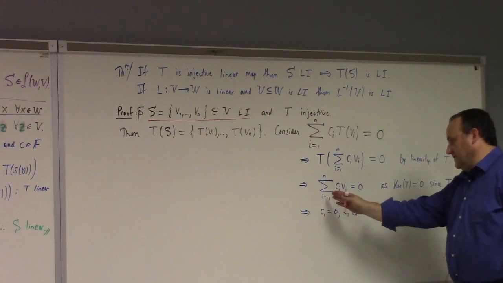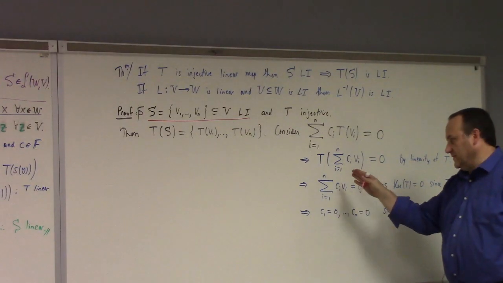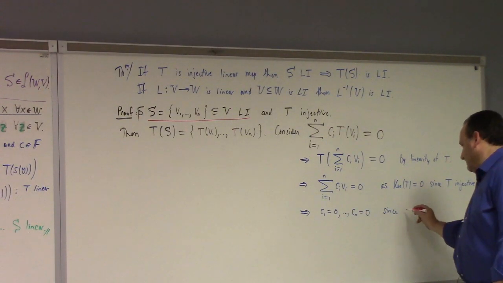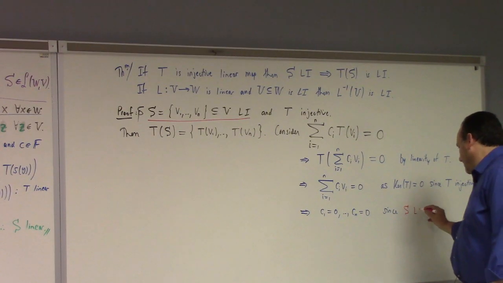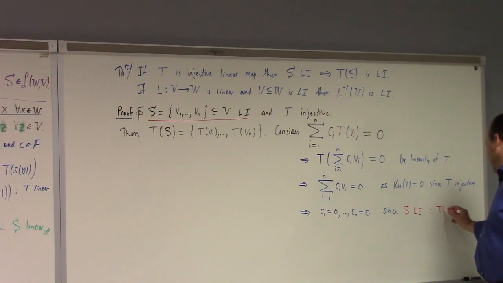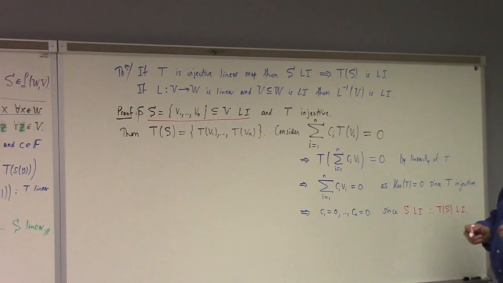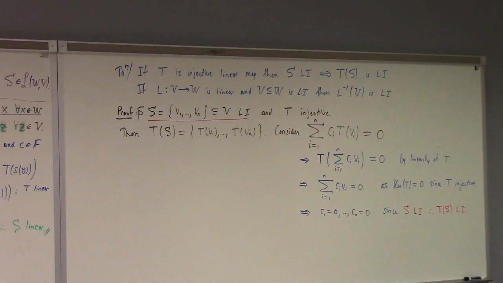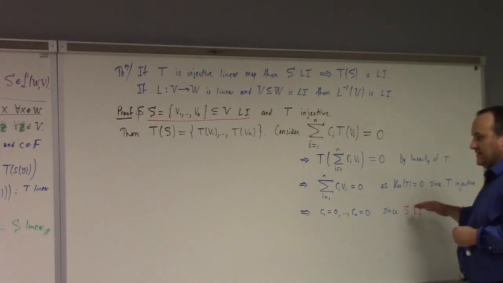As such, this trivial linear combination forces all of the coefficients to be 0, right? So therefore, T of S is linearly independent. All right?